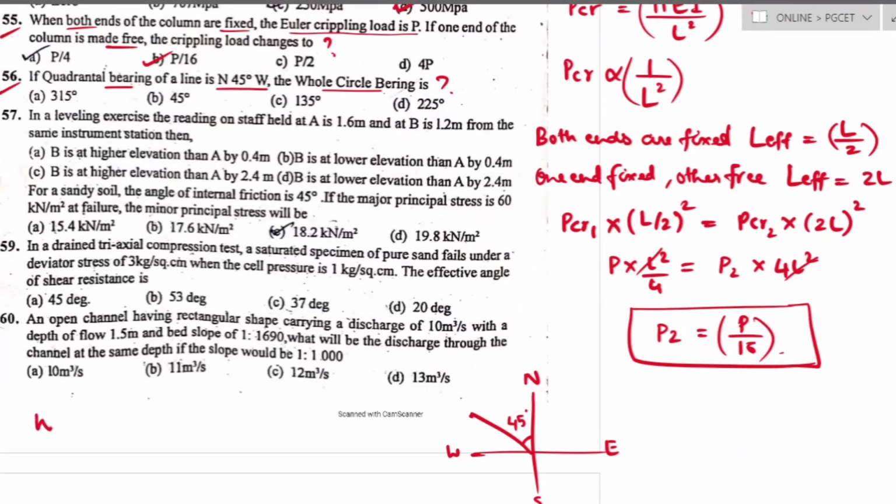So whole circle bearing is given by 360 minus reduced bearing, that is 360 minus 45. So whole circle bearing will be 315 degree. So option A is the right answer.